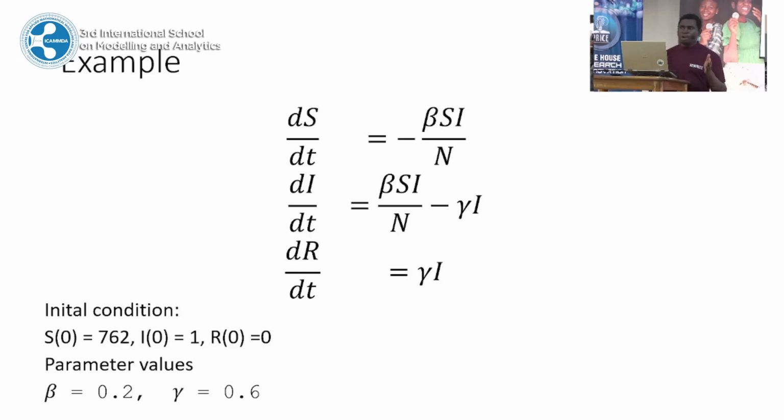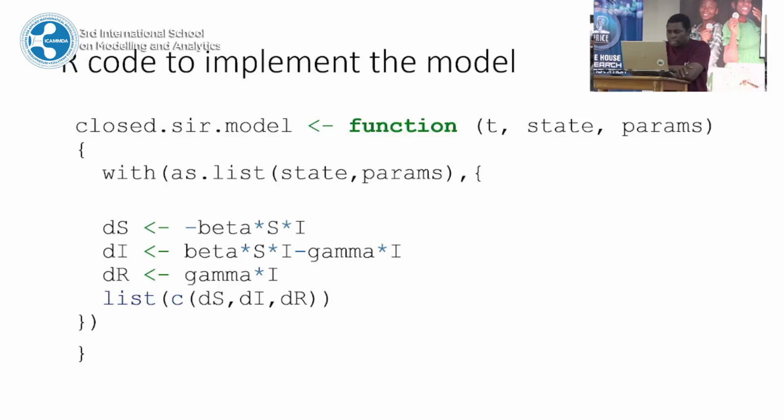And how many people have recovered? 0. All right. And then we are also specifying the parameter values to be what? Beta as what? And then gamma as what? 0.6. Okay, thank you. So now we have this before us. So how do we bring this into R?